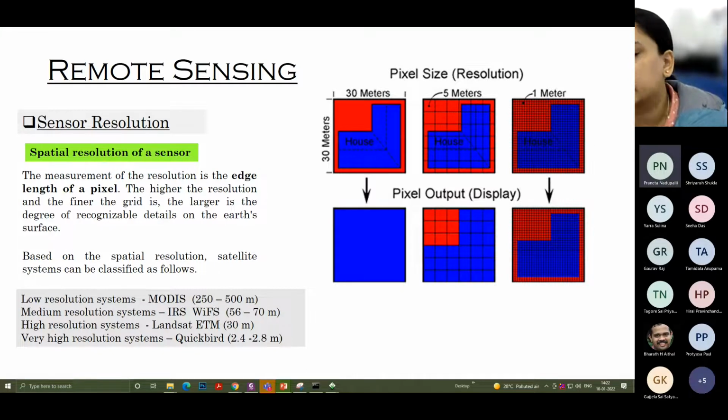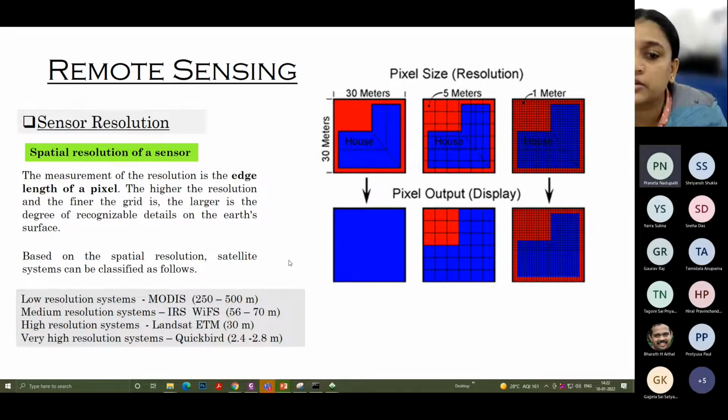Your requirement may vary depending upon the application you want to use. For example, the next is 1 meter. So you are now getting a finer image of the object that is captured. The measurement of the resolution is the edge length of the pixel. The higher the resolution, the finer is the grid, and larger is the degree of recognizing detail of the object that you are looking at.